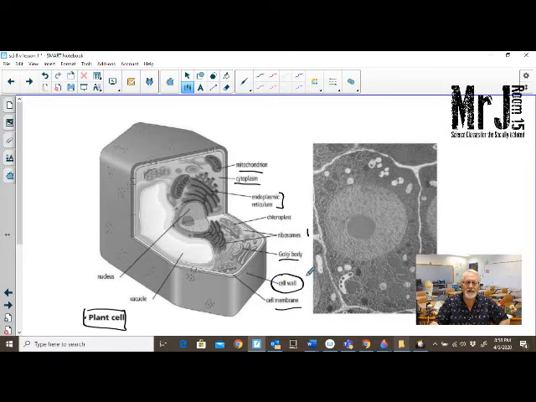Some things you need to be aware of. Number one is the cell wall. This is the cell wall. And the cell wall is a very hard structure. Think of a tall tree. There's no skeleton in a tall tree. How does a tall tree stand up? Well, it's because of all the cell walls that are in the cells of the tree.